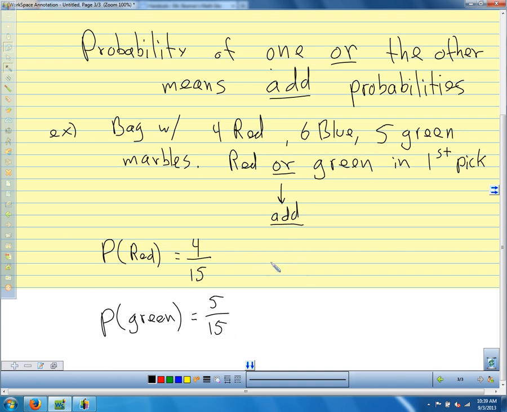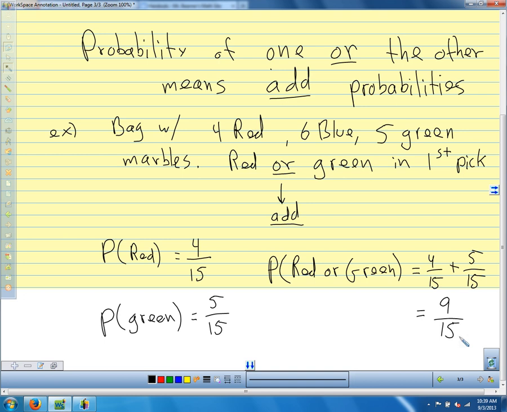So the probability of red or green, said or means add, so 4 out of 15 plus 5 out of 15 equals, I can add those because I have a common denominator, 9 out of 15.